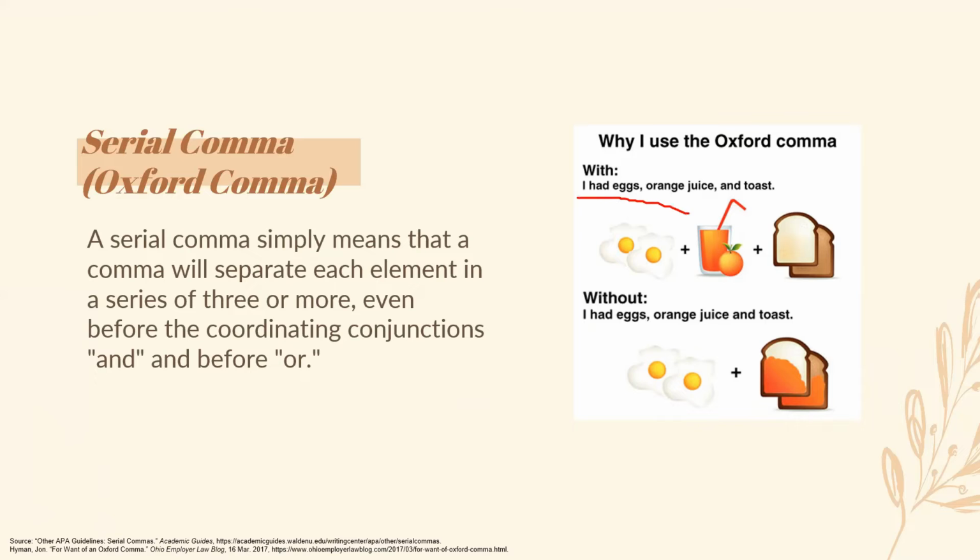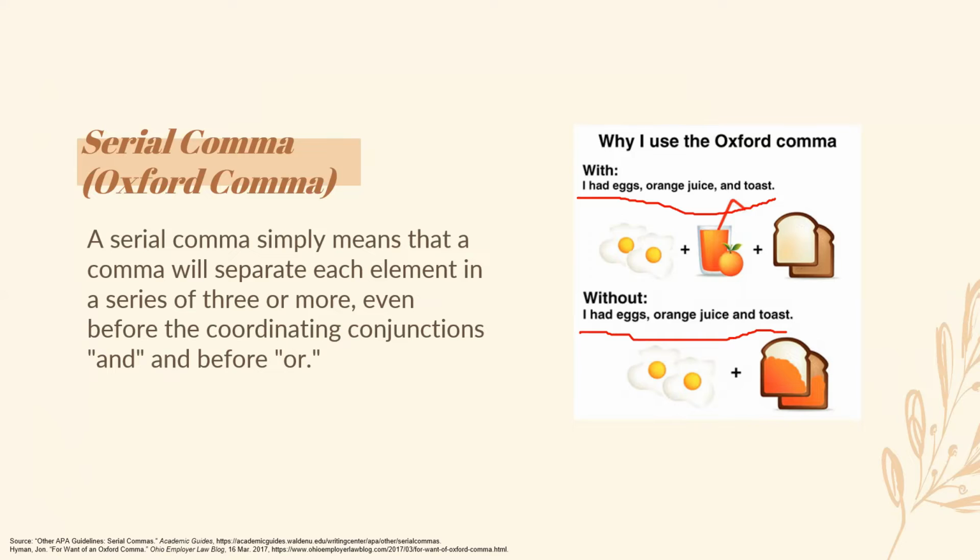With the use of the Oxford comma, this sentence shows clear information. That is, this person had two eggs, an orange juice, and toast, probably for their breakfast. Meanwhile, the second sentence offers a bit of unclear information due to the lack of a serial comma.